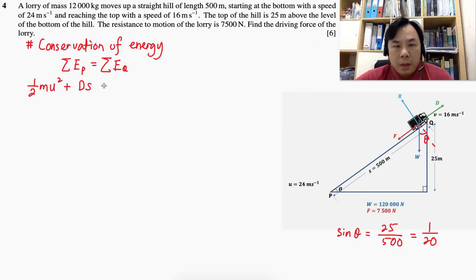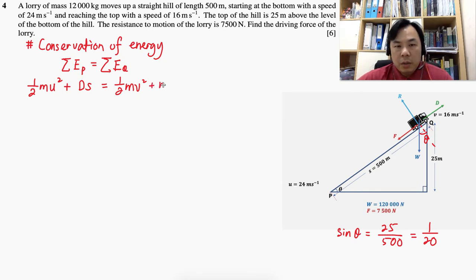Okay, and then as you go up the hill, now you need to overcome some of the loss in energy. So at position Q, we know that there is kinetic energy, so we're going to write that down. At the same time, this truck here gains gravitational potential energy also.